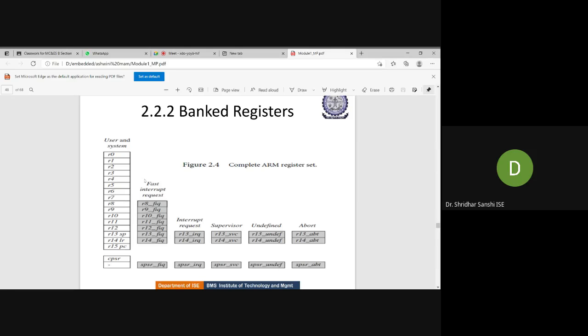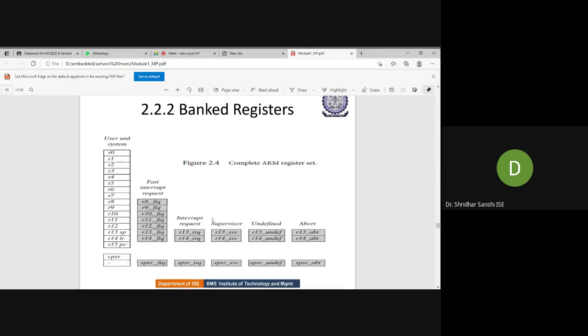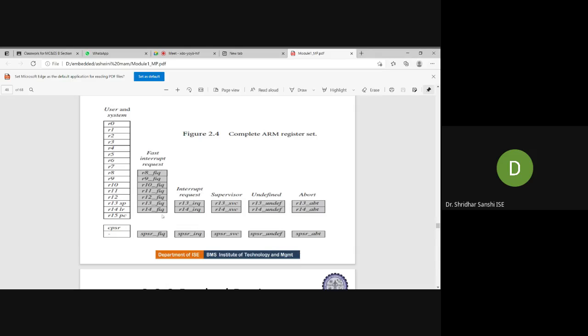But the other 20 registers are not visible to the programmer. These are called banked registers. They are used whenever we move from one processor mode to another.